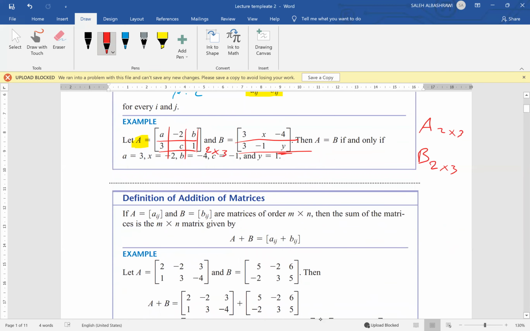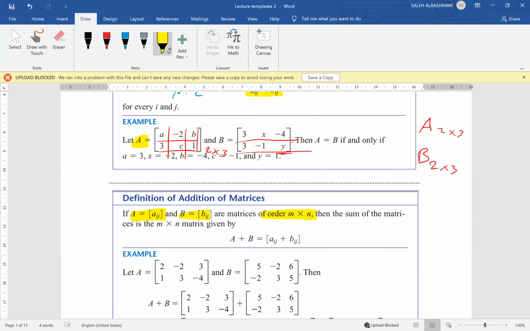Second thing is the definition of the addition of two matrices. If A is given by this matrix and B is given by Bij, and they are matrices of the same order or the same size, m multiplied by n. It means A is of size or order m by n, and B is also of the same order m by n.